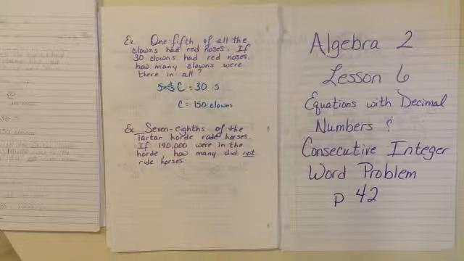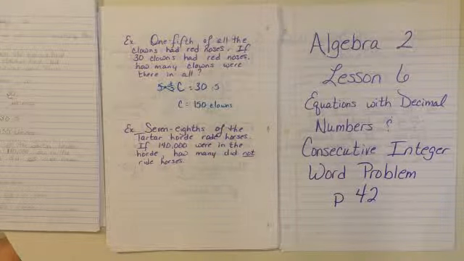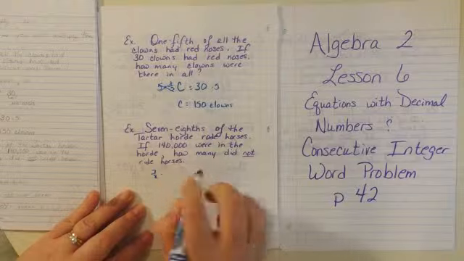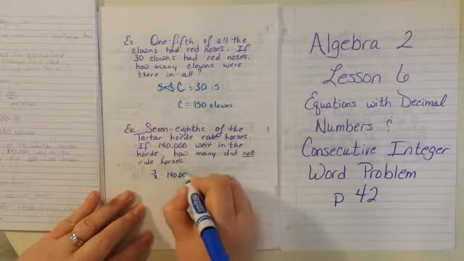Here's a somewhat trickier one. 7/8 of the Tartar horde rode horses. If 140,000 were in the horde, how many did not ride horses? Okay, there are a couple different ways we can do this. We can find out the 7/8 of the horde that rode horses. So that would be 7/8 of the number in the horde, which is 140,000.